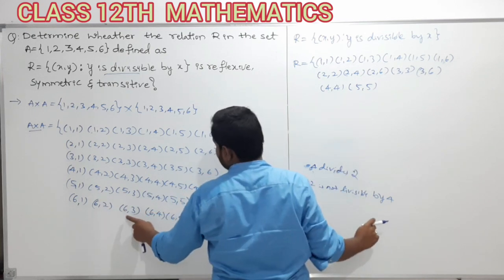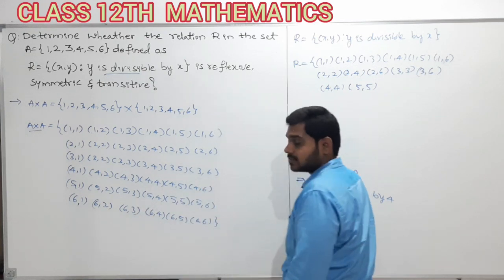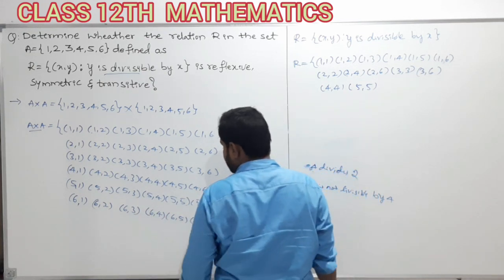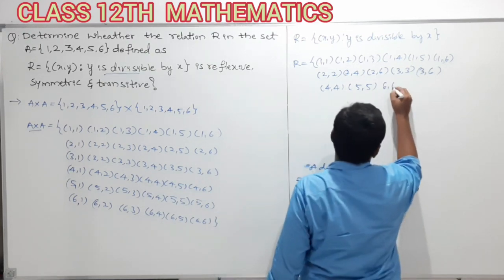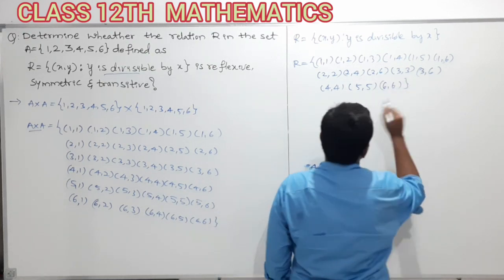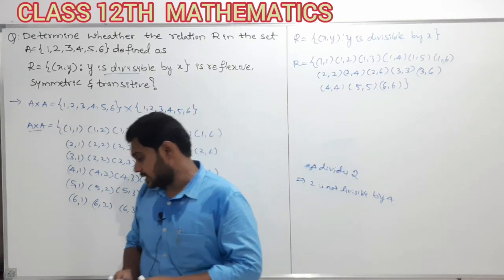Clear? 3 is also not divisible by 6, 4 is not divisible by 6, 5 is not divisible by 6, and 6 is divisible by 6.